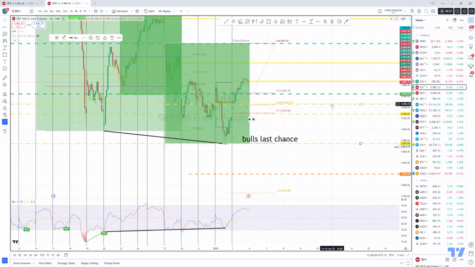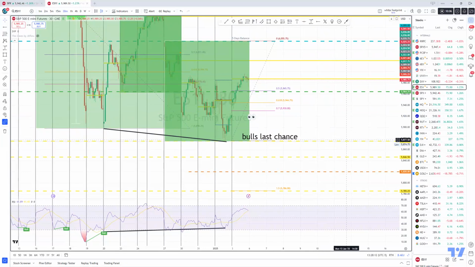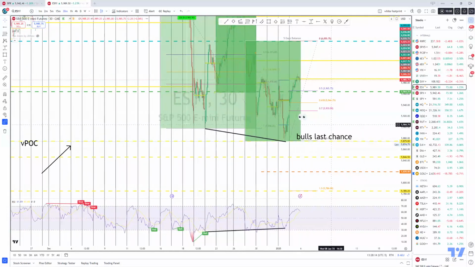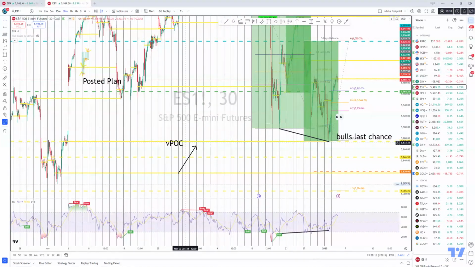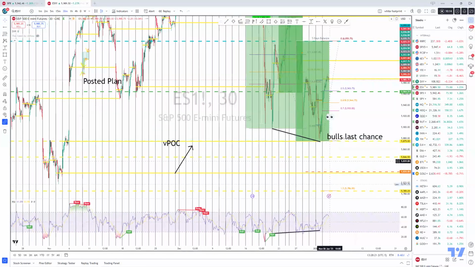That's a big target. I had something here. I think I have a POC here. That's perfect right here. I have another POC here. Let me delete this.